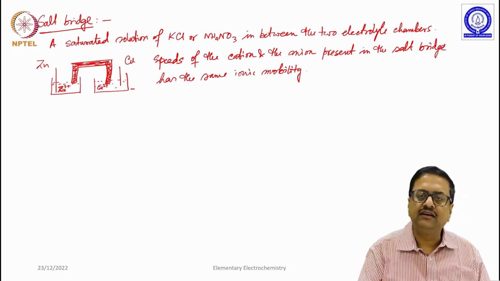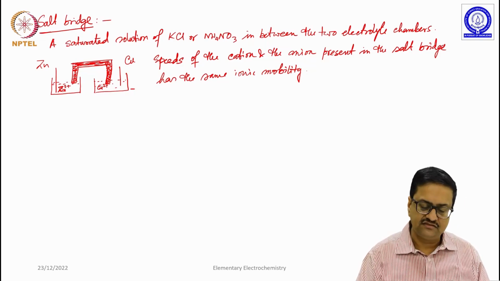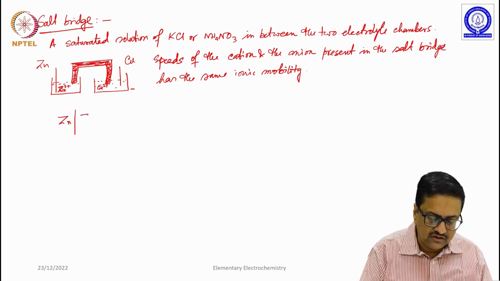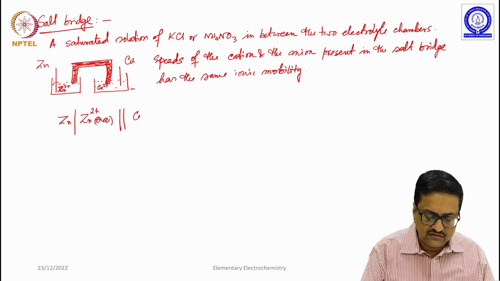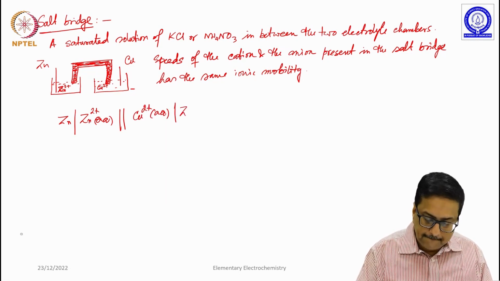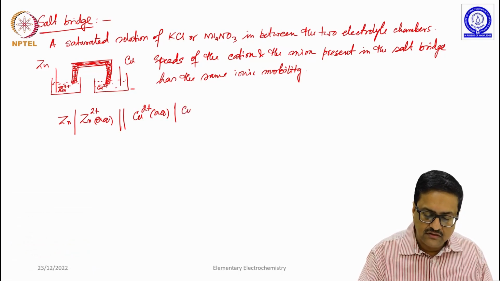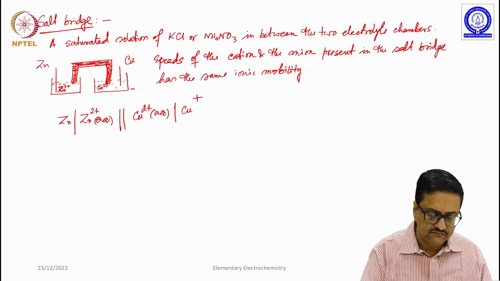As I already indicated, when the salt bridge is used, the corresponding cells are written like this, as I have written for Zn2+ aqueous in connection with Cu2+ aqueous, with Cu as the electrode.